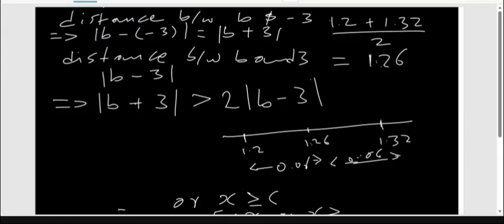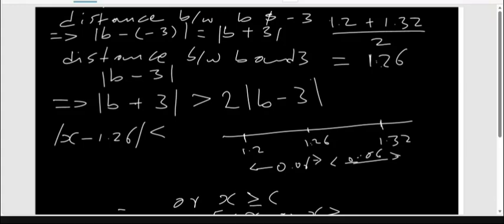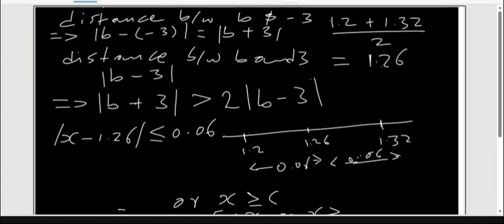So look at what this means. It means that the absolute value of X, or the distance between X and 1.26, which is the midpoint, should be less than or equal to 0.06, from this diagram I just drew.